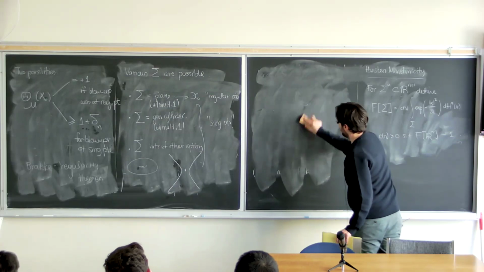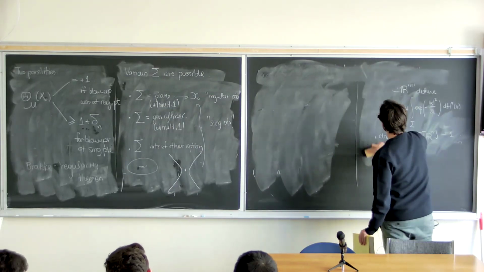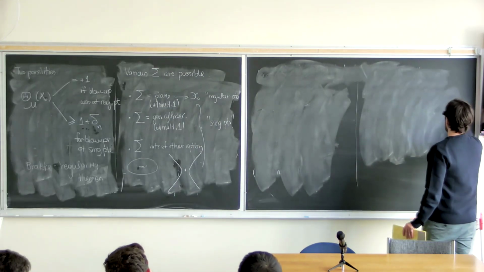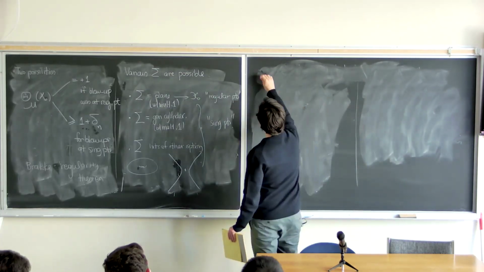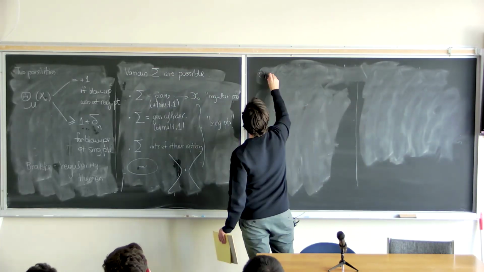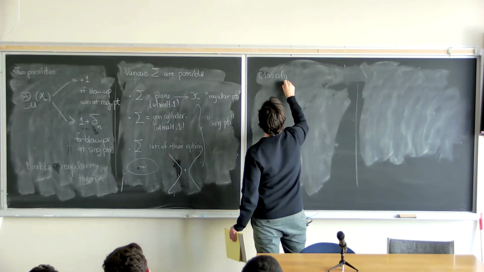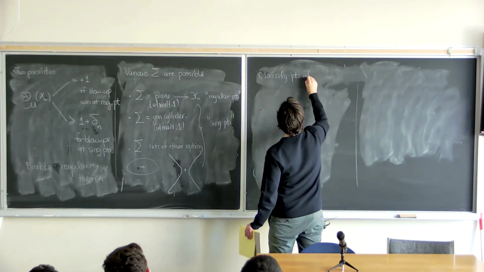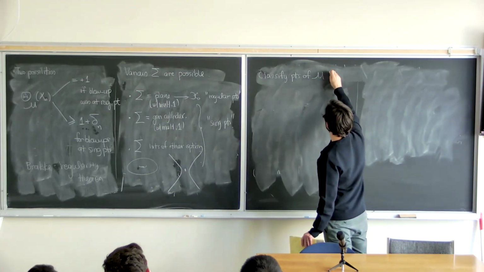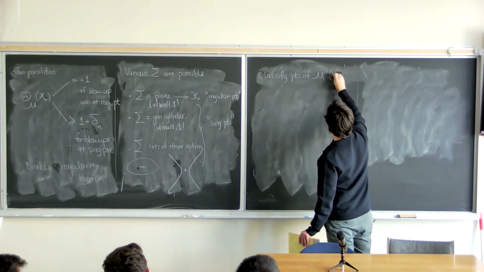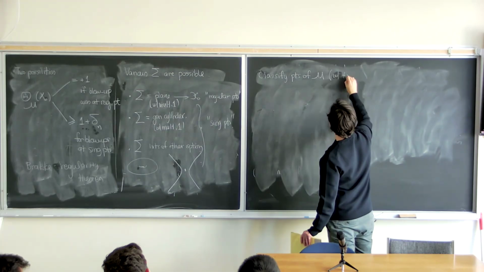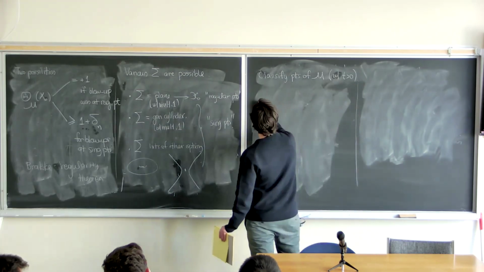Let me write this down. So classify points of the space-time track after the initial condition into the following classes.